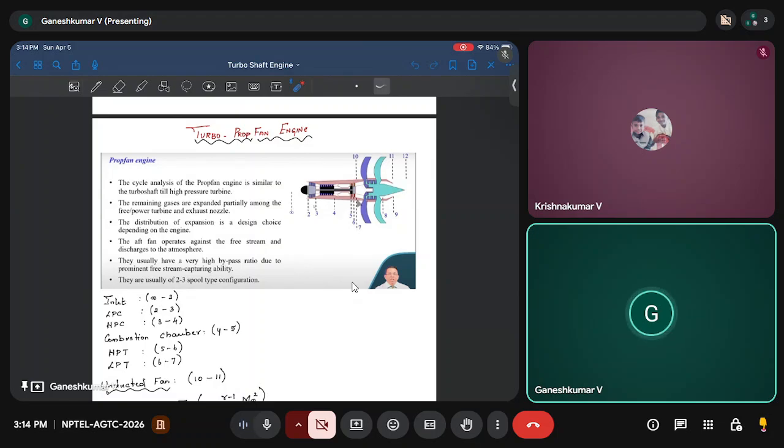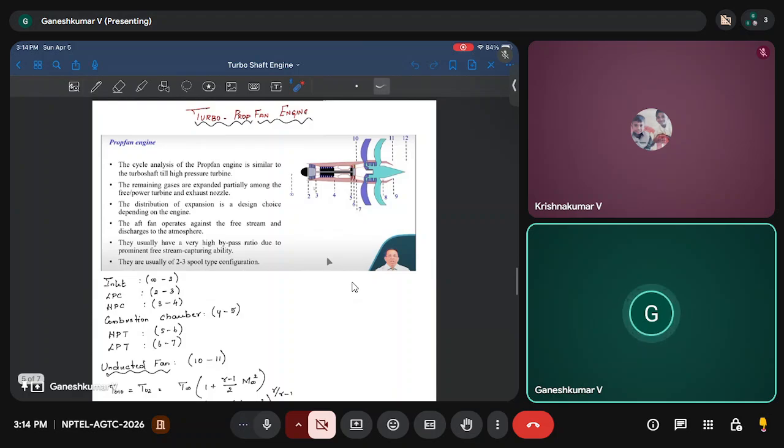The fan is not at the front; it is at the back. That is how it is different compared to turboprop and turbo fan engines. That's why this is called prop fan engines. The remaining gases are expanded through the nozzle. This is typically used for thrust applications, and I guess one of the problems given for your week 11 assignments is prop fan engines.